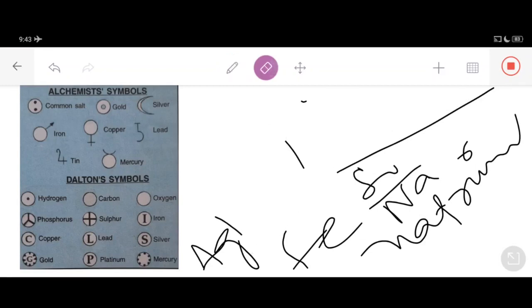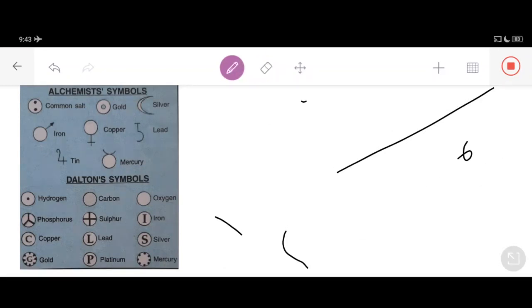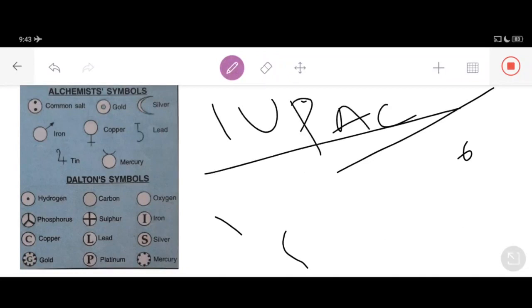Mark my words, students, and jot it down with me. Every single element is named according to the international union, which is widely accepted worldwide.